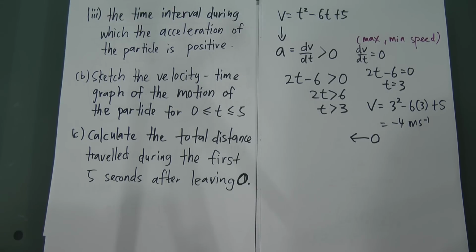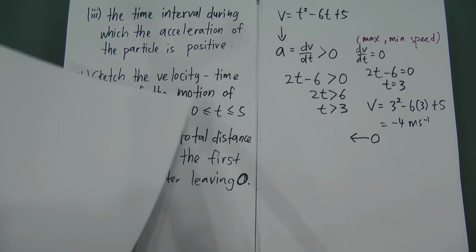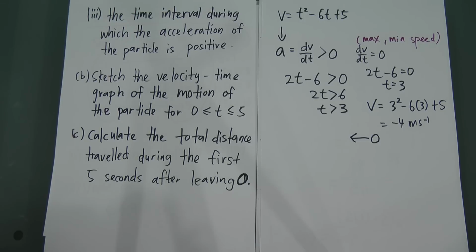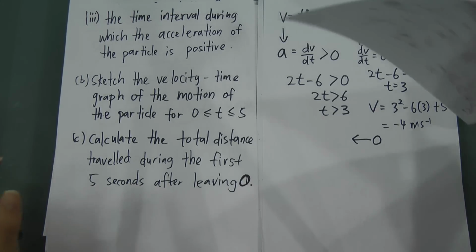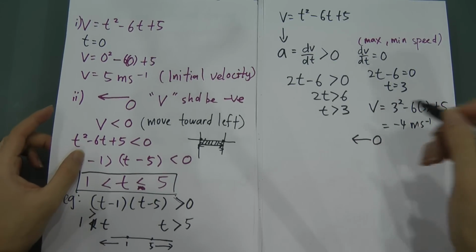Okay, then we go for part B. He asks us to sketch the velocity-time graph of the motion of the particle for 0 to 5 seconds. So from the first part, I just collect all the information I found just now.